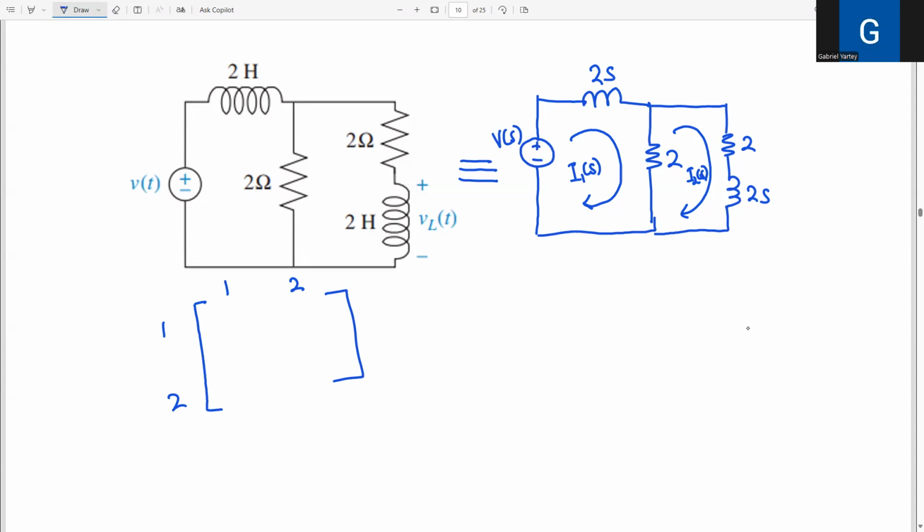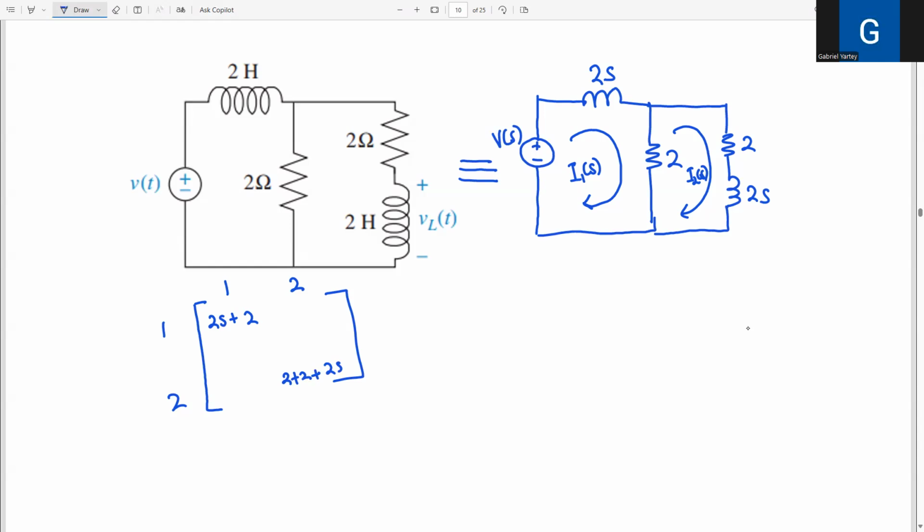So I sum them up: 2s plus 2. And then position index 2,2 here should have all the impedances present in the second mesh. I see 2, 2, and 2s. So it's going to be 2 plus 2 plus 2s.